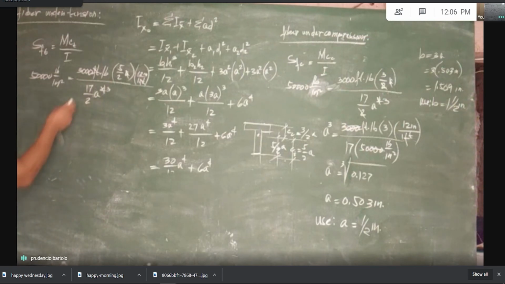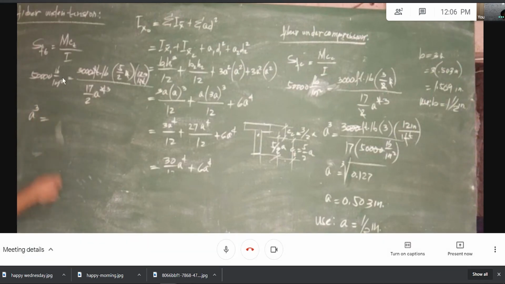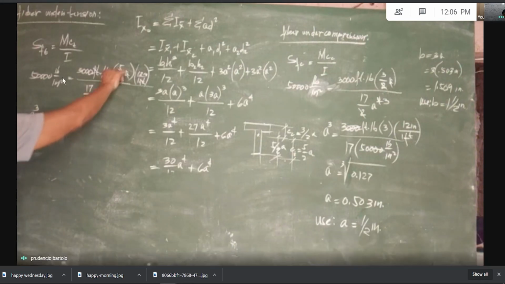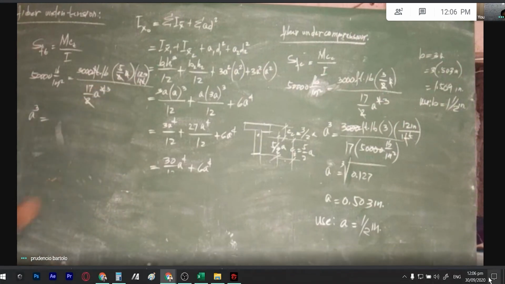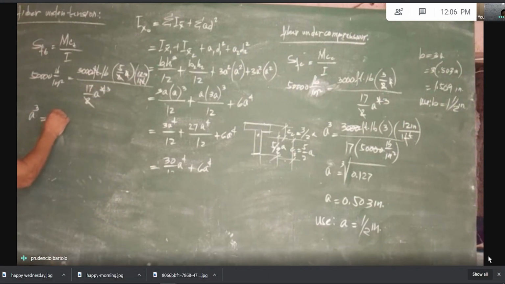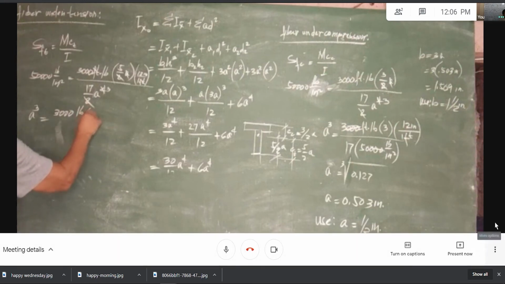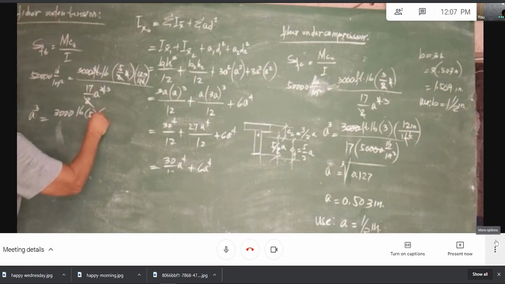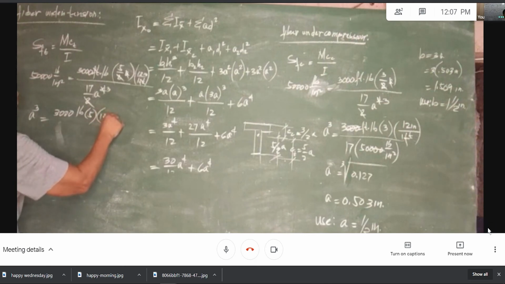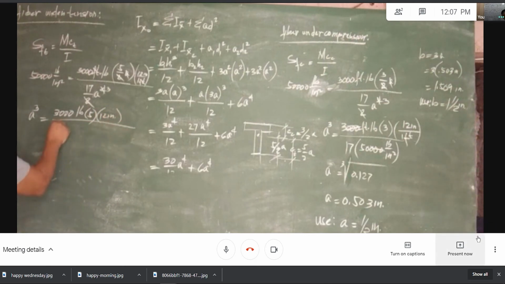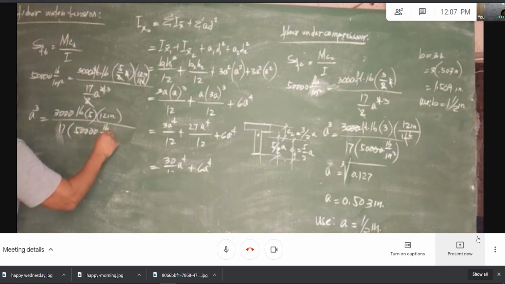So A cube is equal to 3,000 pounds, remaining unit, by 5 by 12 inches, all over 17 by 50,000 pounds per inch squared.